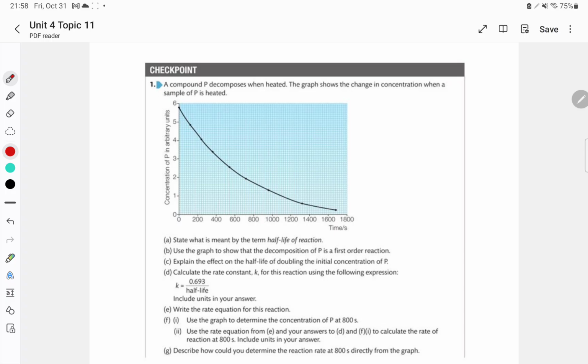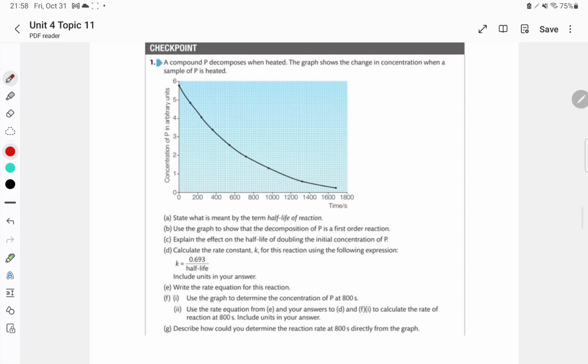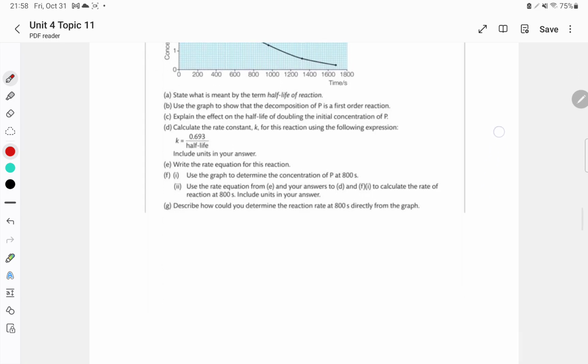Now let's solve this question. It says a compound P decomposes when heated. The graph shows the change in concentration when a sample of P is heated. State what is meant by the term half-life.